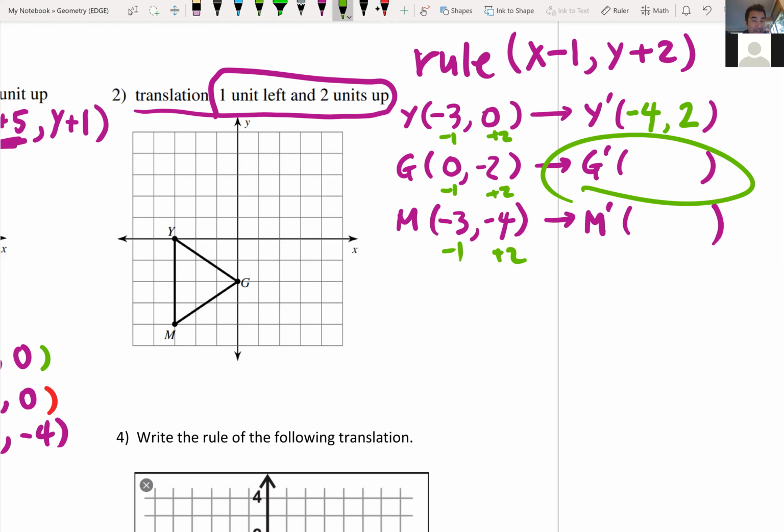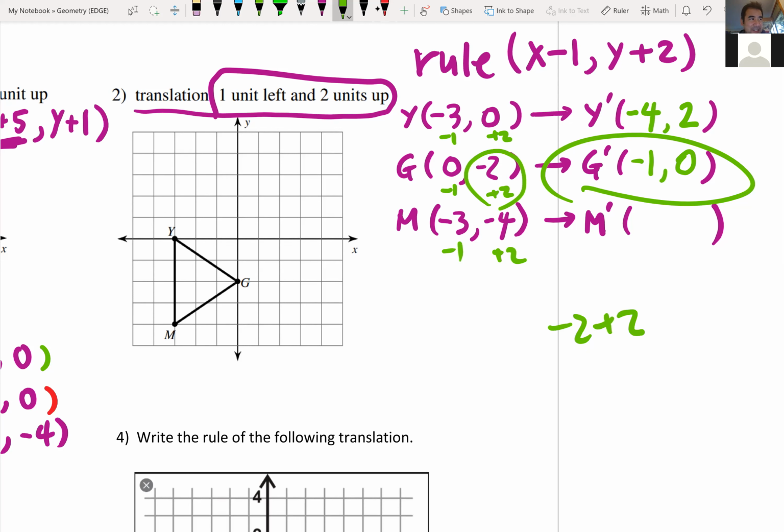It will be negative. Anybody else? Negative 1, 0. Yeah? You see why it's 0? It's negative 2 plus 2.